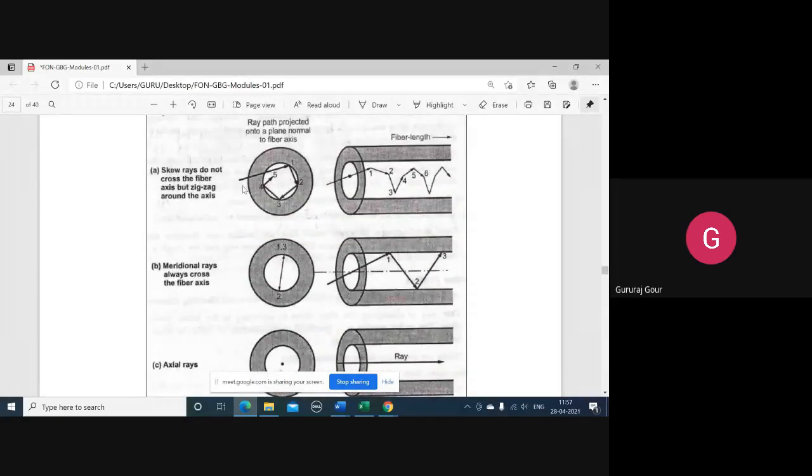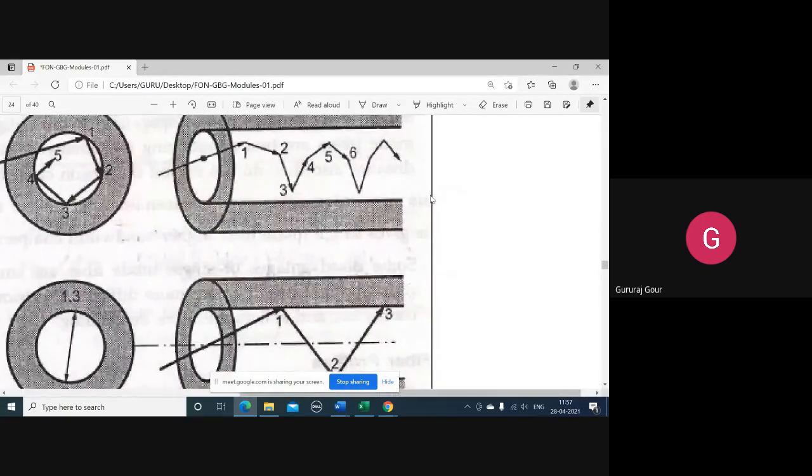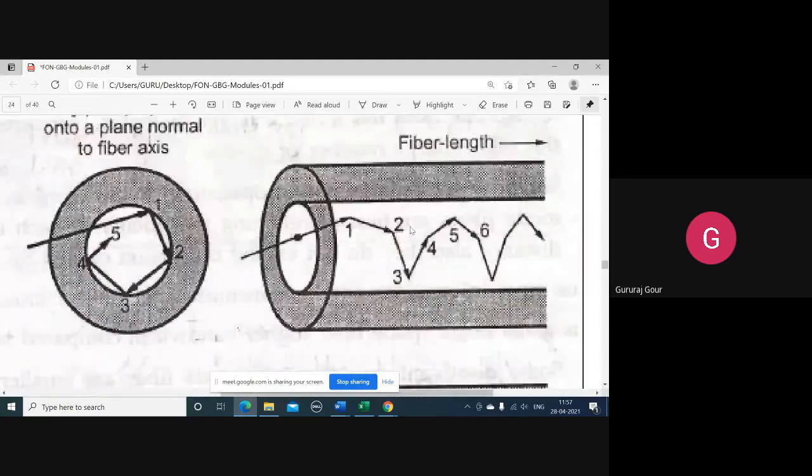So if you look at the characteristics of all the three types of rays, that's why we can say skew rays are going to be very difficult to mathematically characterize. If my optical rays or my information is transmitting like this, then it becomes very difficult mathematically to describe how much information will be contained and where it is contained, how much it is lost, and why it is lost.